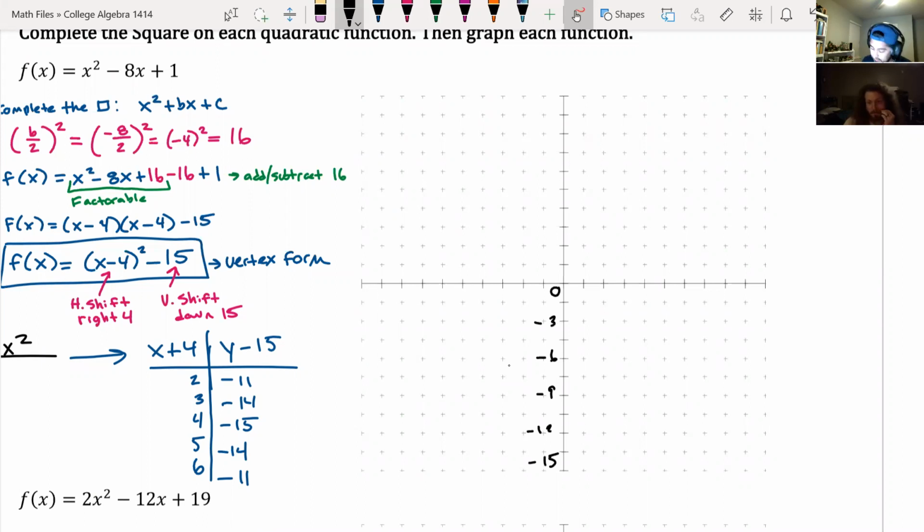And then my x values can stay the same. So I'll have 2 and negative 11, which we'll just put around here, and then 3 and negative 14, which I'll put around here. And then I have 4 and negative 15.